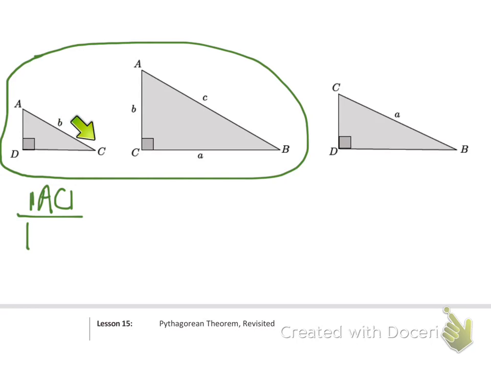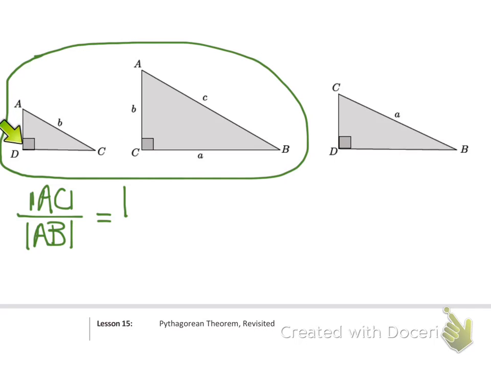So this one here corresponds to length AB on our larger triangle. So that's one ratio of corresponding sides. Now I'm going to write another ratio of corresponding sides that's also going to incorporate this B here.